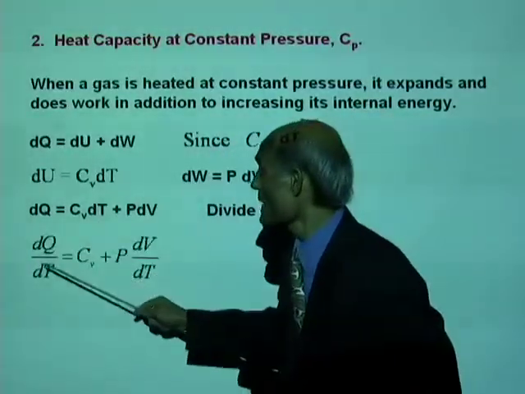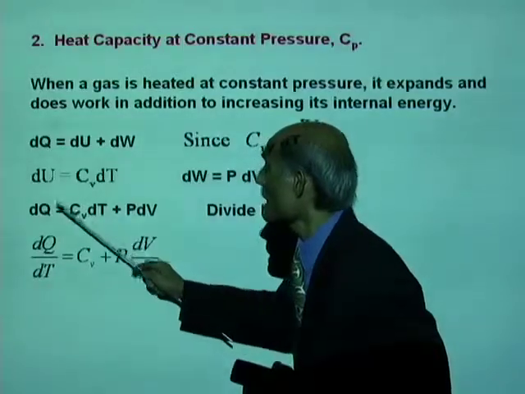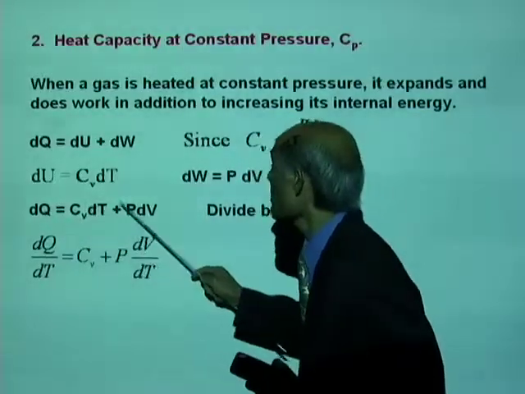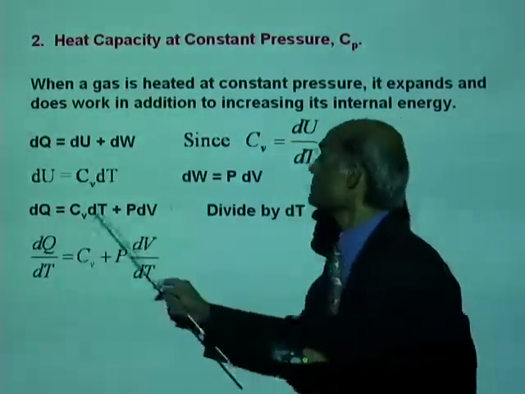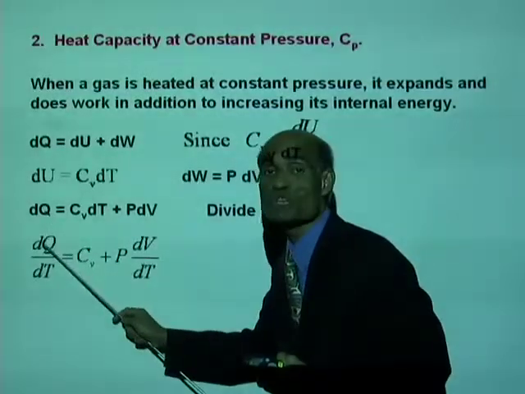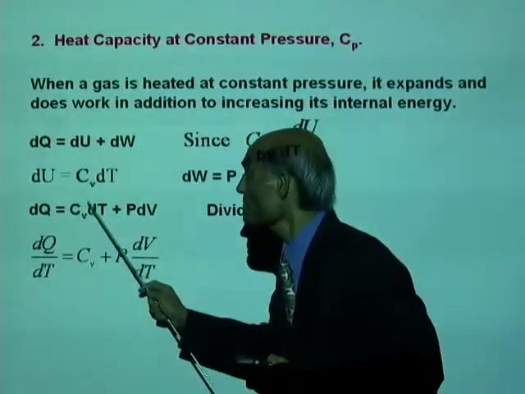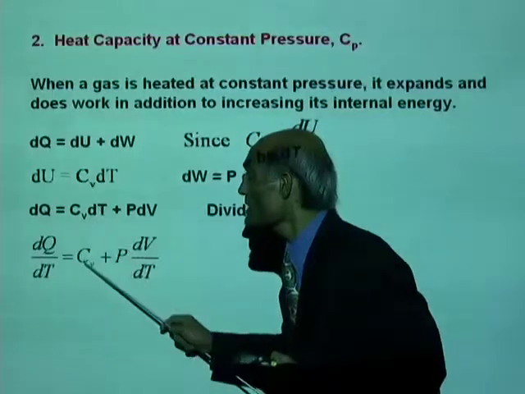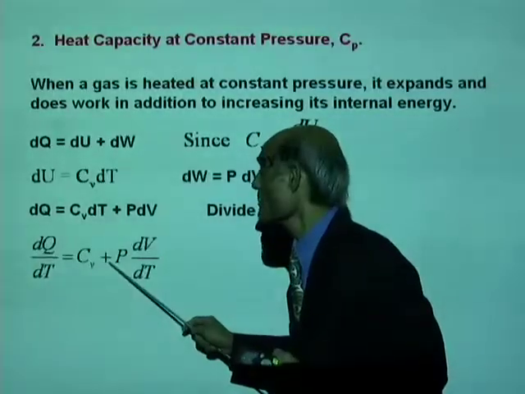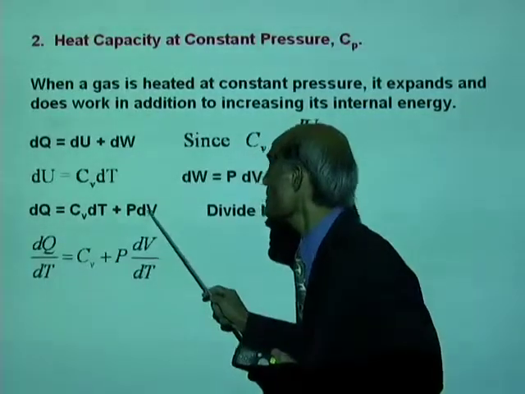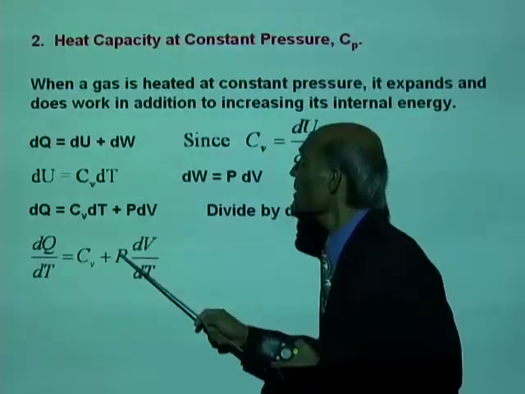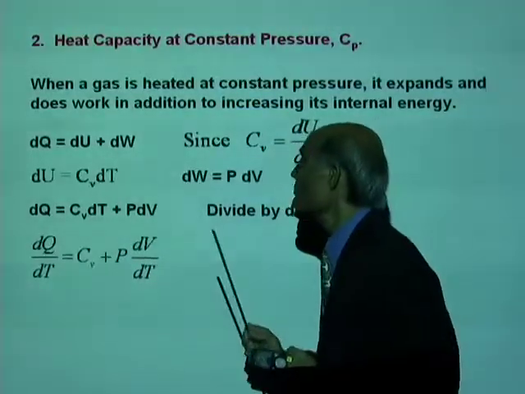So dQ by dT equals, I'm dividing each term by dT. So the left hand side is dQ by dT. Cv dT divided by dT will be Cv, plus PdV divided by dT will be PdV over dT.